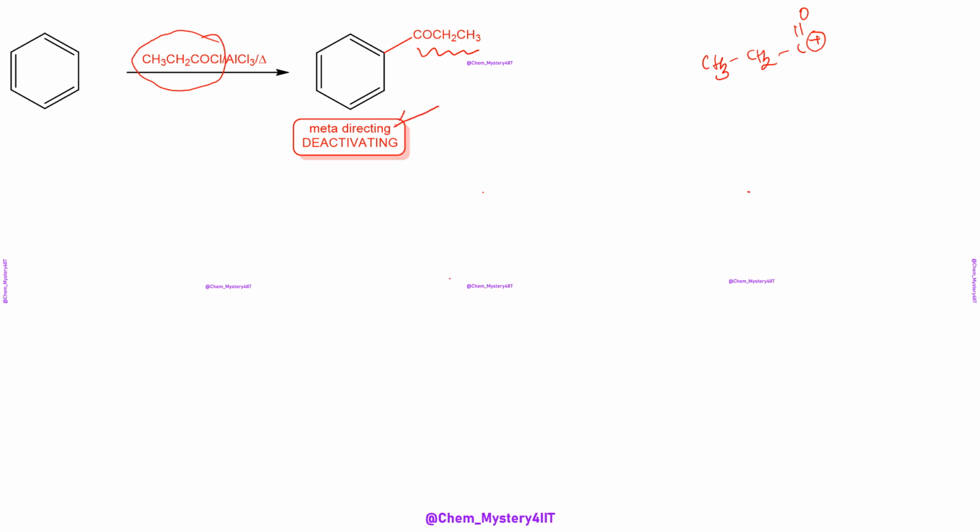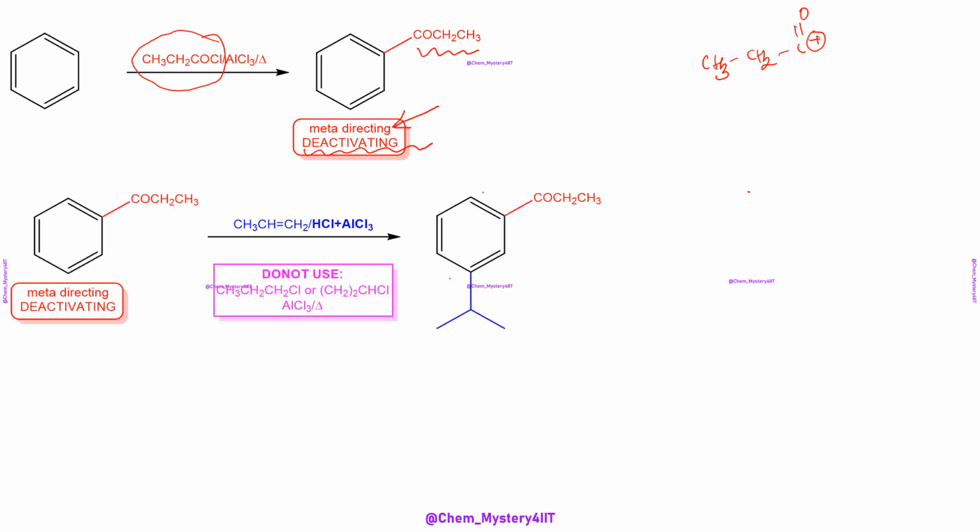This propionyl group on the benzene ring is meta-directing, and the ring has become deactivated because of its electron withdrawing nature. Now, for the next step, we have to devise something where our electrophile can easily attack.